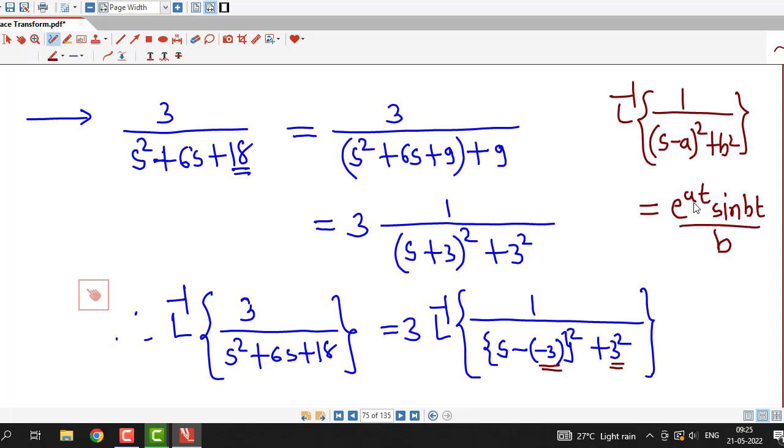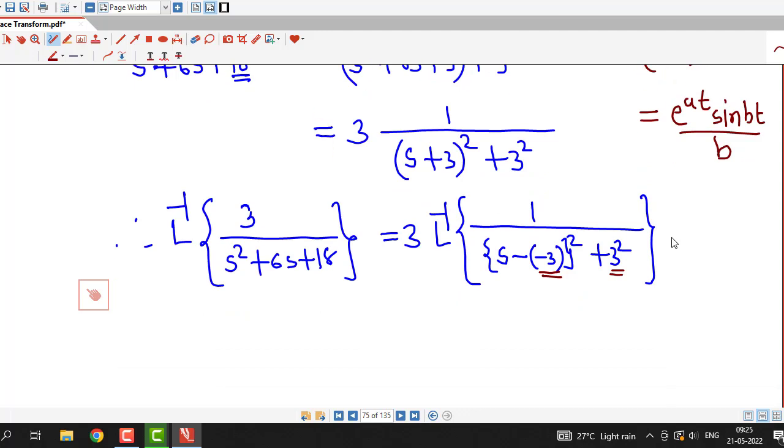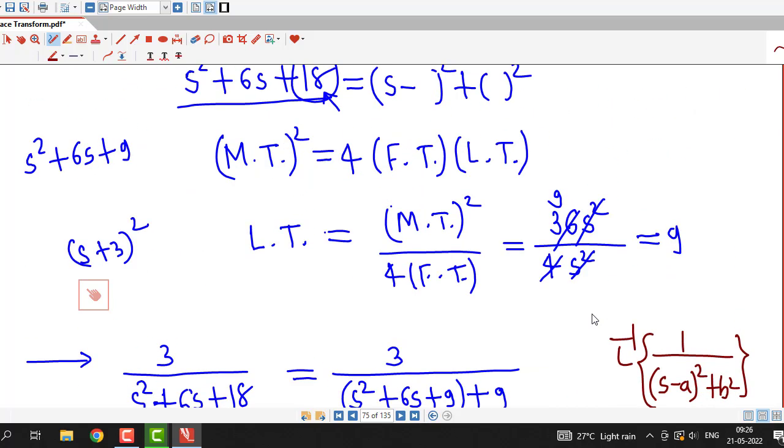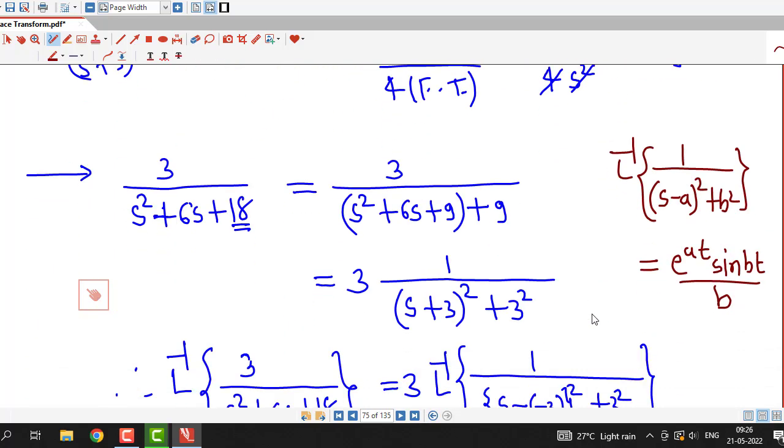Here we take a equal to minus 3 and b equal to 3. So e raised to minus 3t sin bt, that is sin 3t divided by 3, and 3 will cancel out and we obtain e raised to minus 3t sin 3t. So in this way we can use this formula to obtain the inverse Laplace transform of this function.